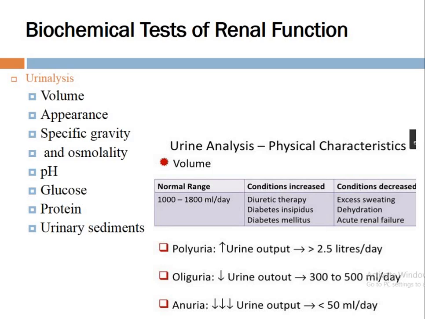And anuria, when there is a much greater decrease in the urine output and it goes below 50 ml per day. That is the condition when we say it is anuria.